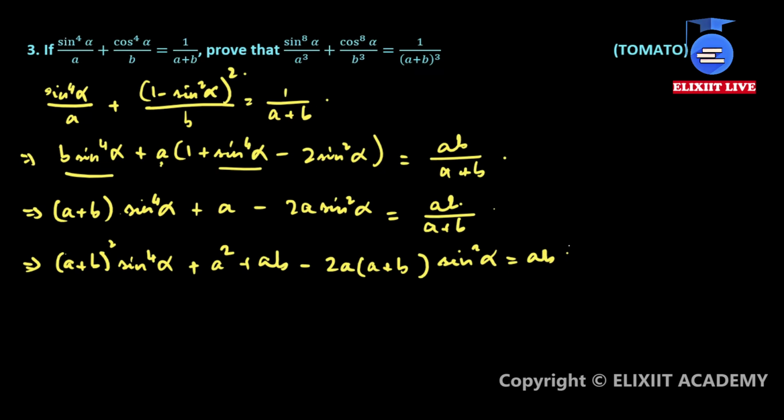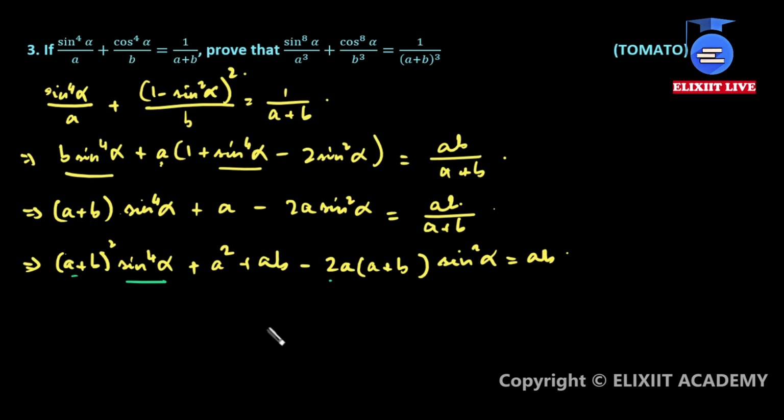One simplification you all can see from here. A square is there and this is there. This is A plus B whole square and sine to the power 4 alpha, minus 2AB.